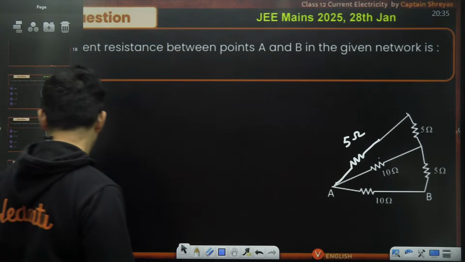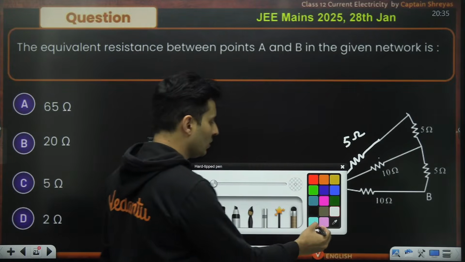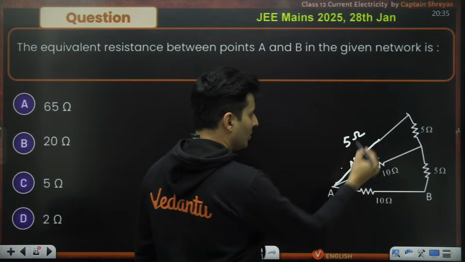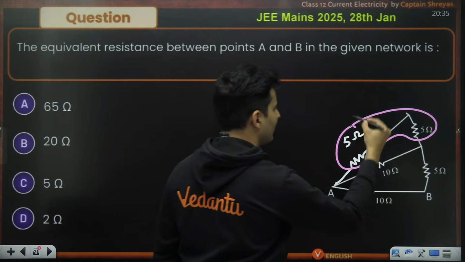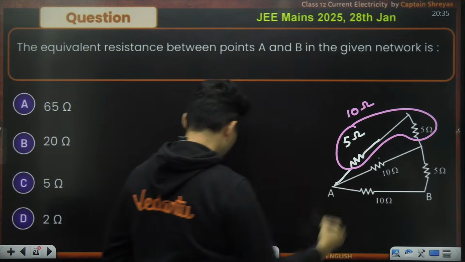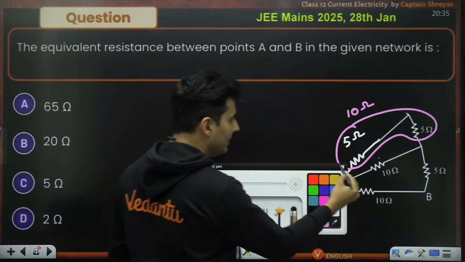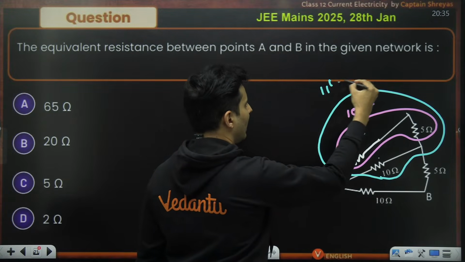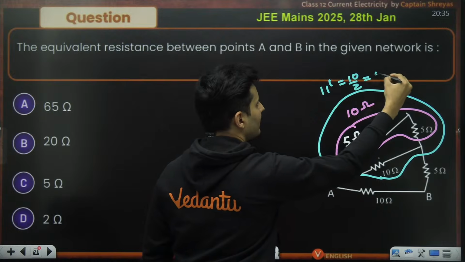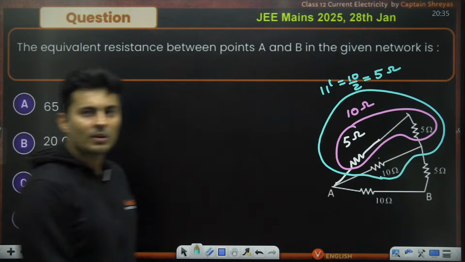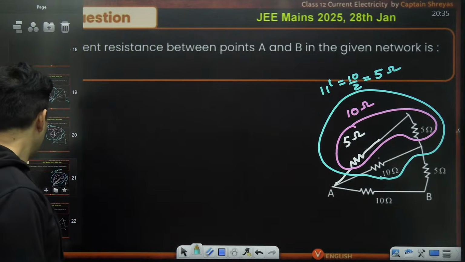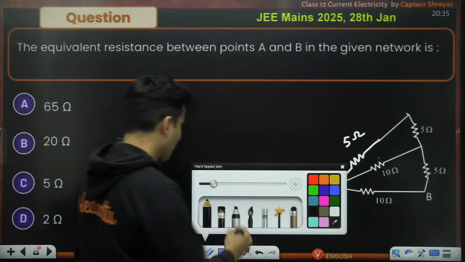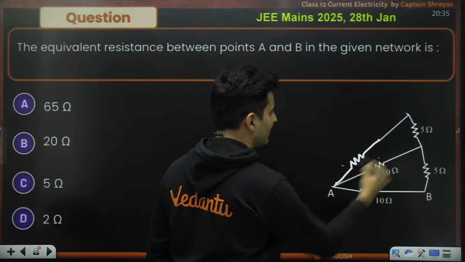Again, these two 5s are in series, so it will be 10 ohm, and this 10 along with this 10 was in parallel, so 10 by 2, which is 5 ohms. Replace that again. Well, you are very close to the answer.